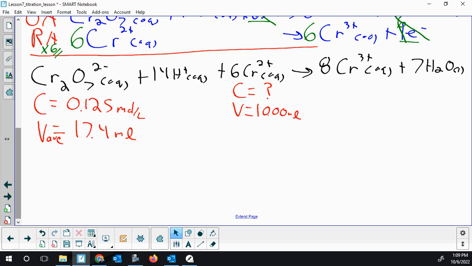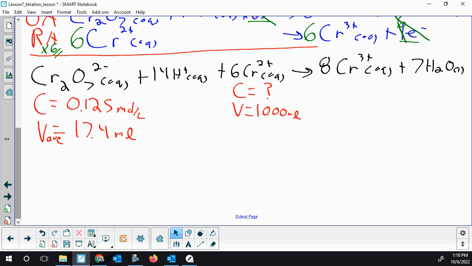We can use that molar amount to figure out how many moles of chromium 2+ there must be. Our equation tells us for every one of those, there's going to be 6 dichromates. So we can get the moles of the known. We can convert that using our 1 and our 6 coefficients to get moles of what we want to know. And if we know the moles and the volume, we can figure out the concentration.